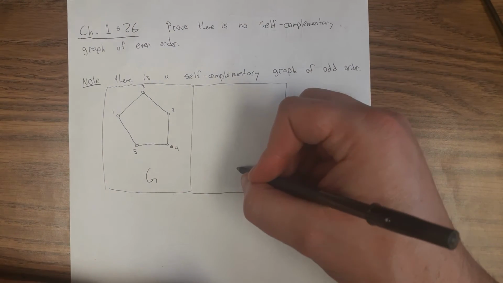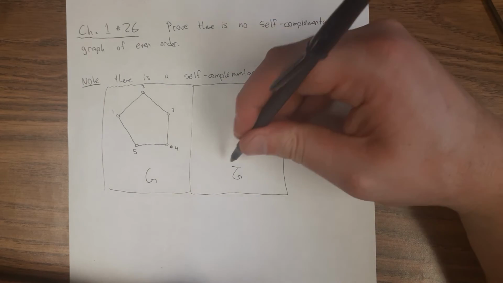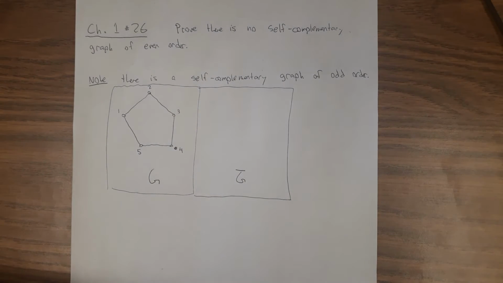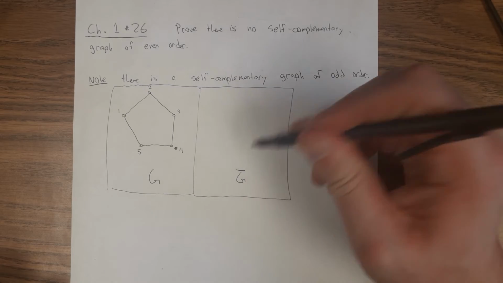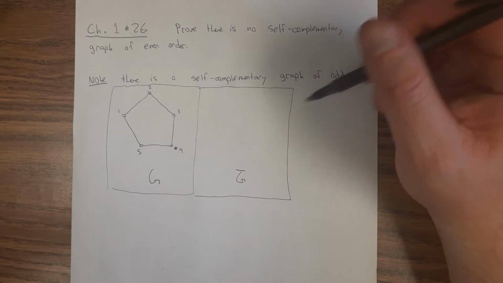It's the complement of a graph, which we write with a bar over it, right? Sorry, I'm just making sure we have the same notation here. Yes, okay, I was making sure I'm using the same notation that's in the book.